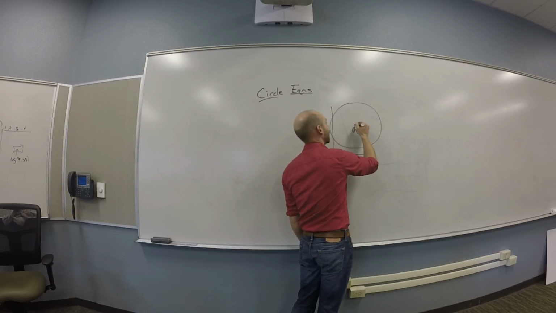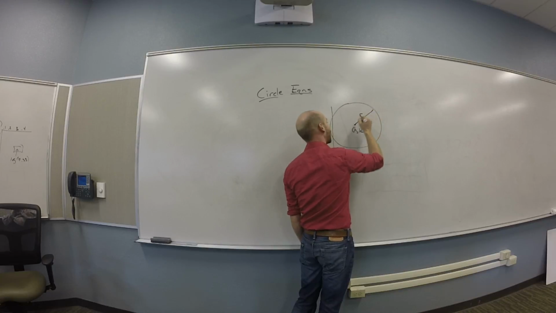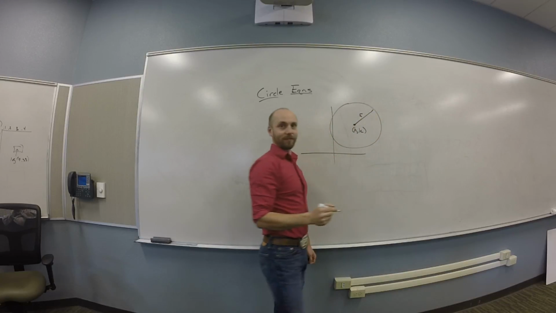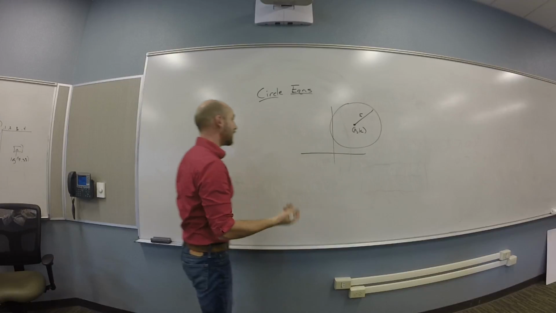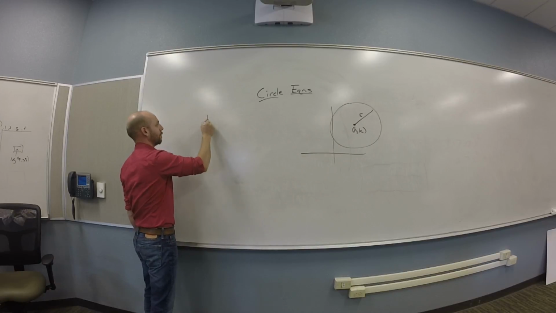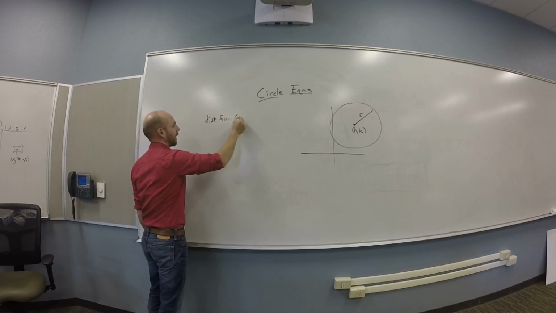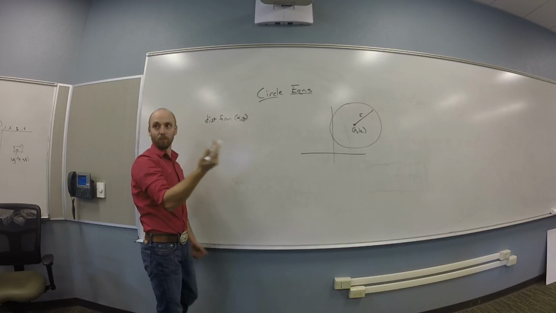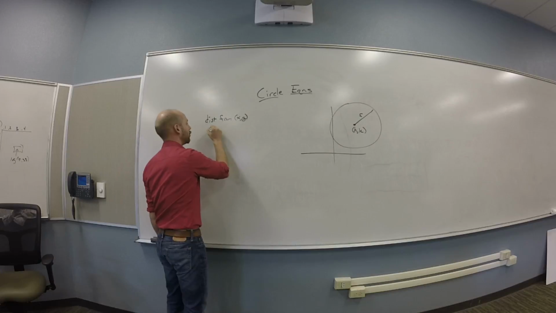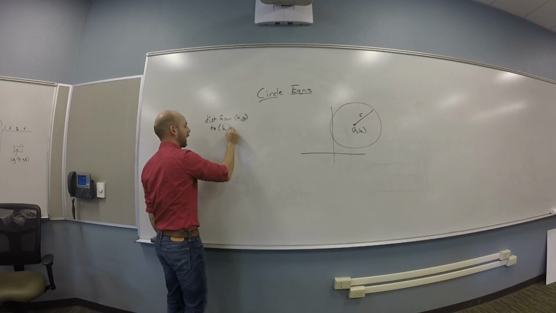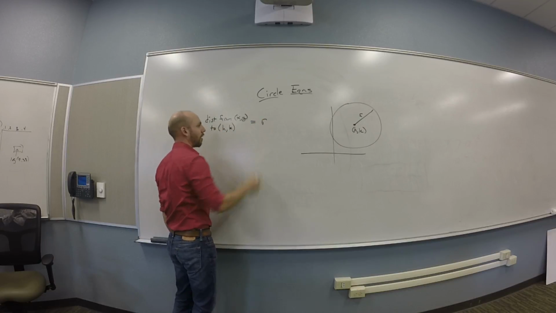So creatively enough, I'm going to call that r. Really what I mean is exactly what you just said: the distance from x comma y, from whatever point, to h comma k is r.